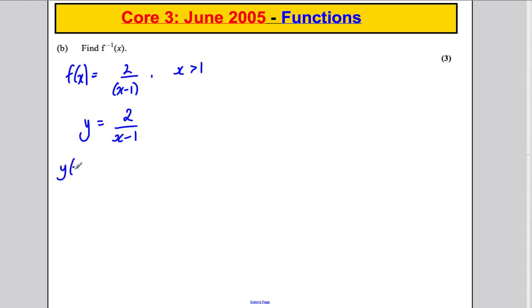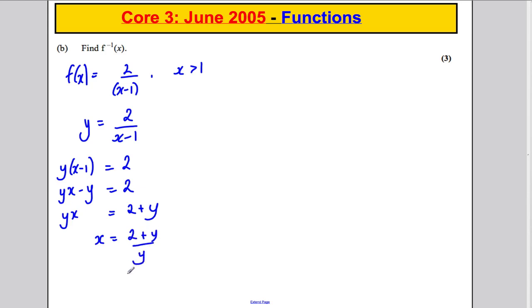You would get y(x − 1) is 2. Expand the brackets, yx − y is 2. Make x the subject of the formula, so keep the yx here, must be 2 + y, and then divide both sides by y, x is (2 + y) over y. Then you can state that therefore the inverse function is (2 + x) over x.